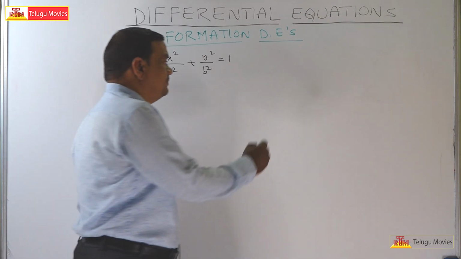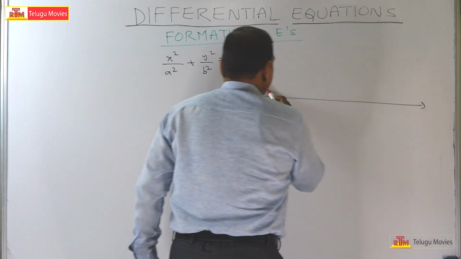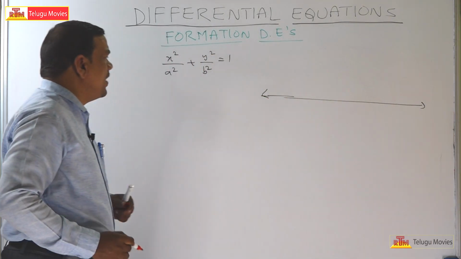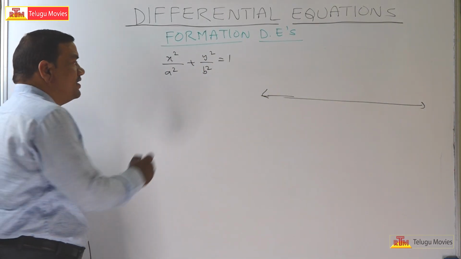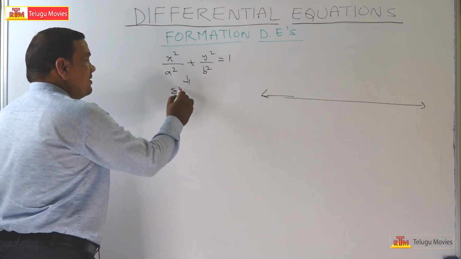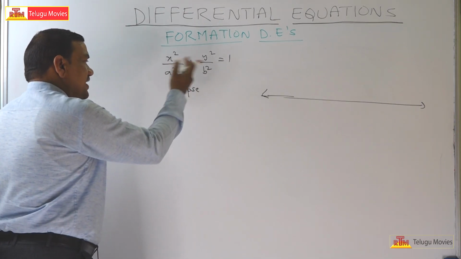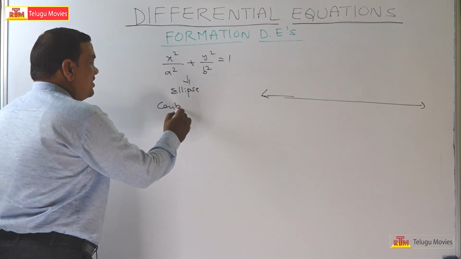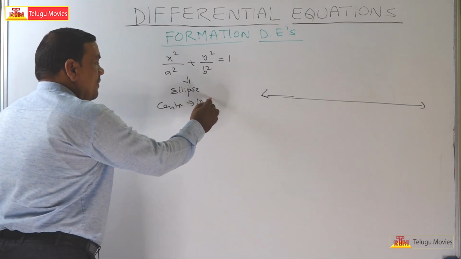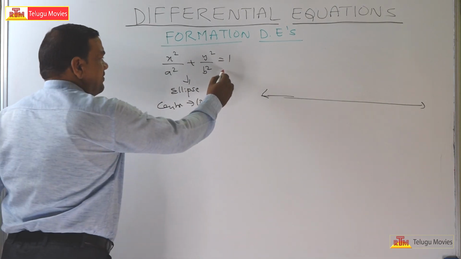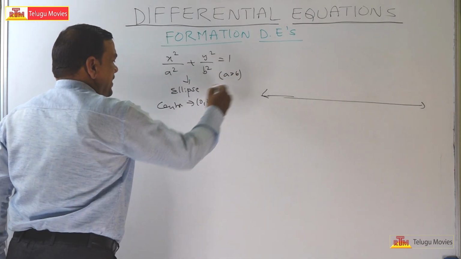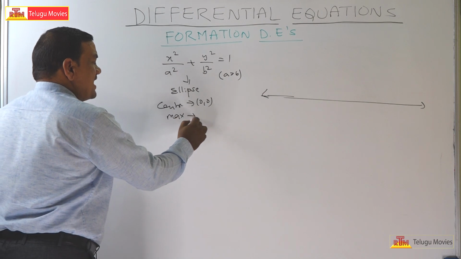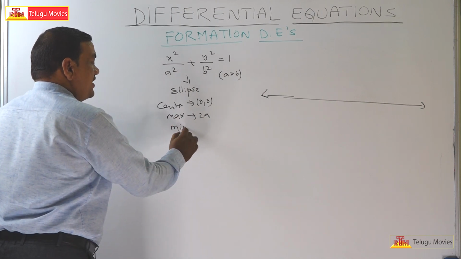We know that this equation represents an ellipse, either a greater than b or a less than b, with center at 0, 0. Let us say for our understanding that a is greater than b. So your major axis is 2a and the minor axis is 2b.